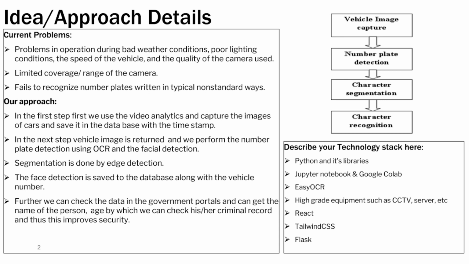We will also need high-grade equipment such as CCTV for capturing the images and videos of the cars, and we will need servers to run the backend code. Then we have React and Tailwind CSS, which we'll be using to create the front-end part of our application, and we will use Flask to create the backend of our application.